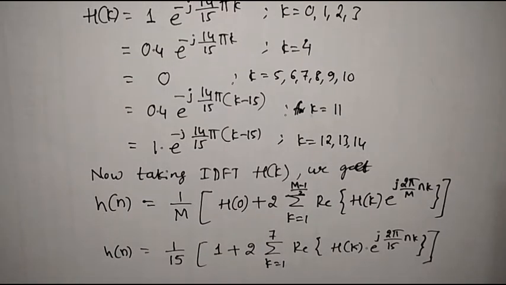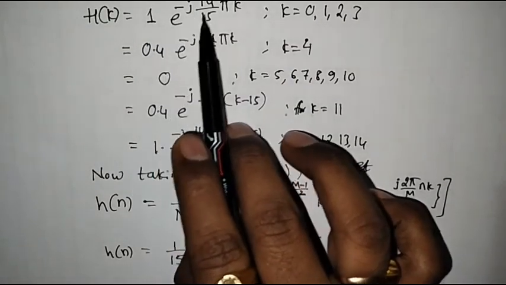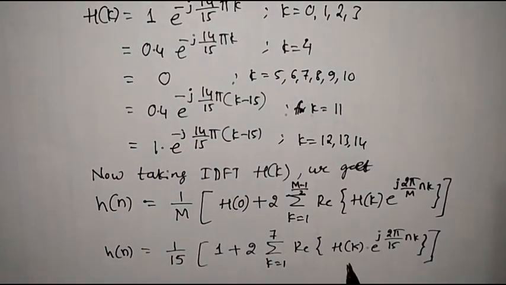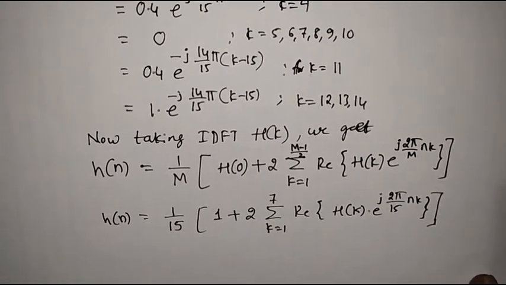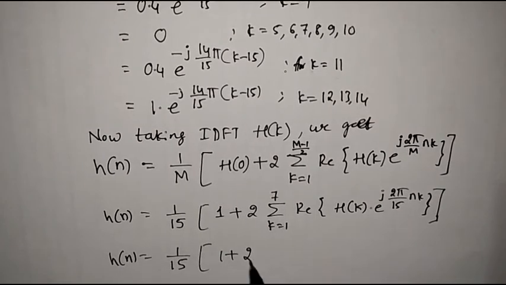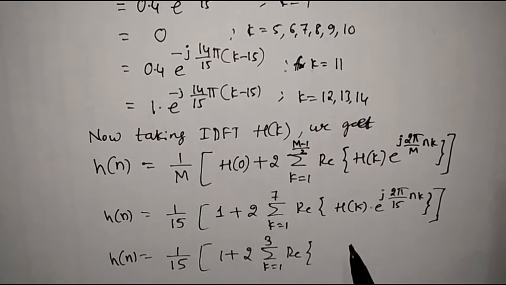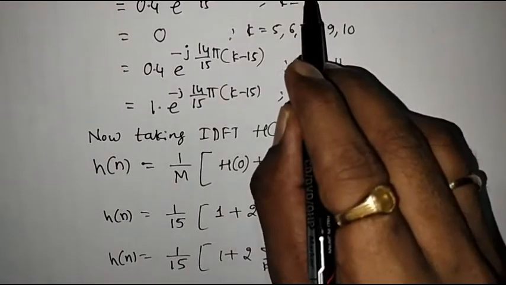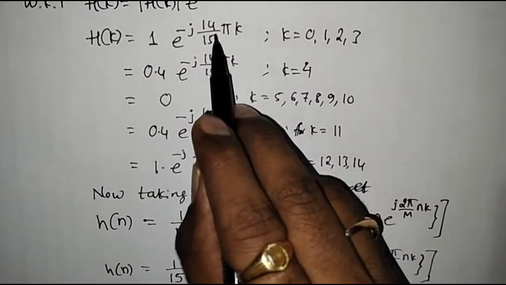So here the value of h of k for k equal to 0, 1, 2, 3 is 1 e power minus j 14 by 15 pi k. So we'll split the summation as h of n is equal to 1 over 15, 1 plus 2 summation k varies from 1 to 3 real part of, where h of k for k equal to 0, 1, 2, 3 is e power minus j 14 by 15 pi k.